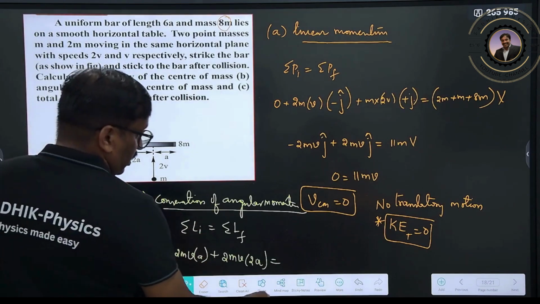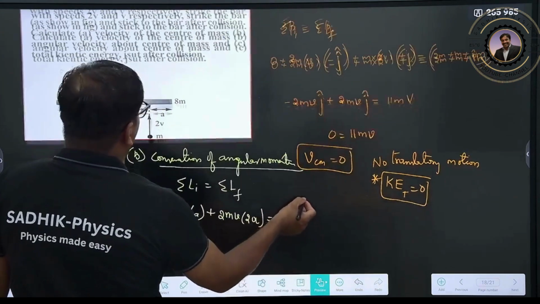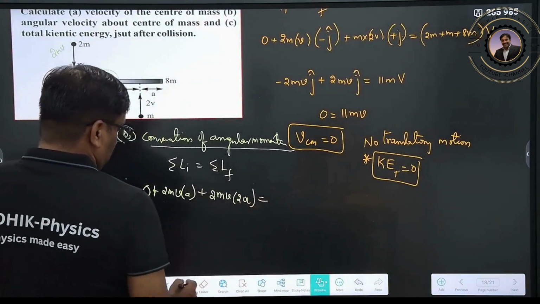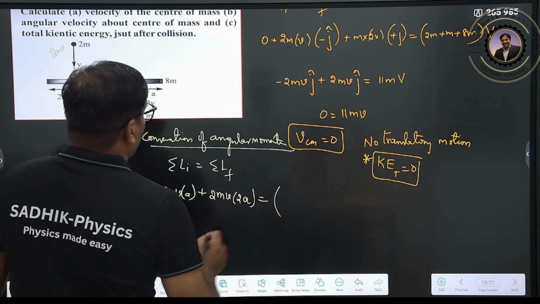What will be the angular velocity here? That is I omega. What is the I?